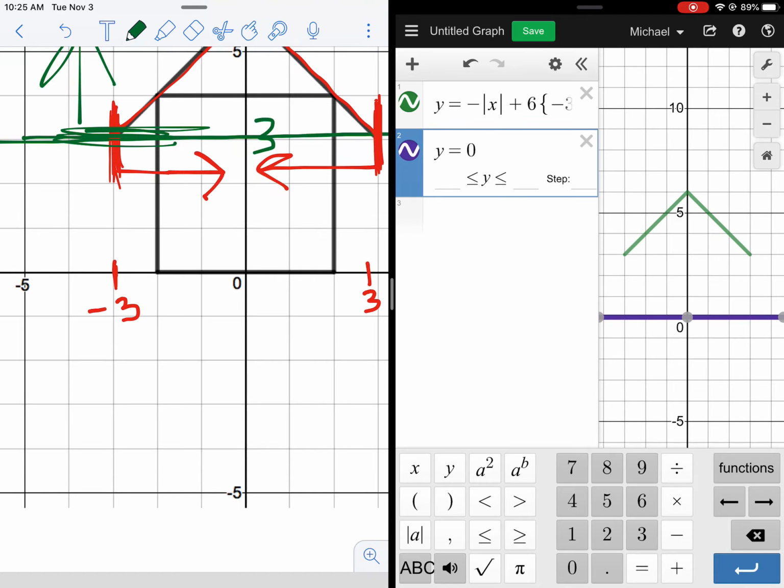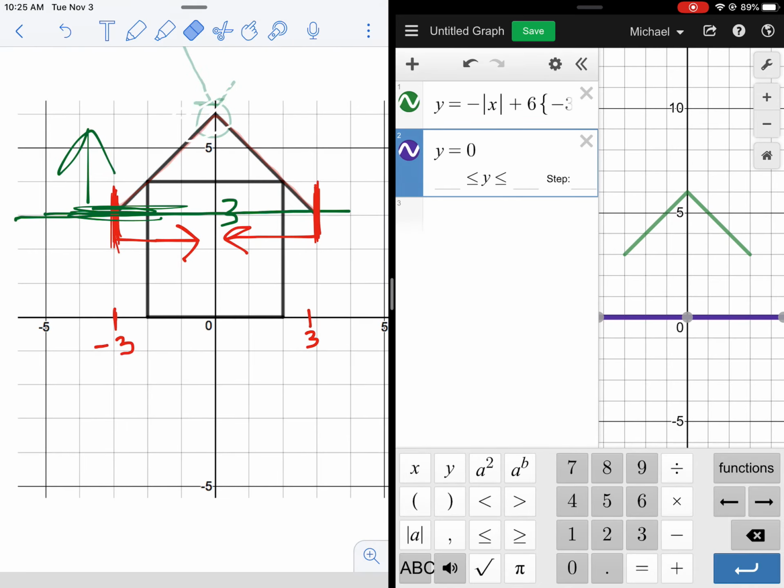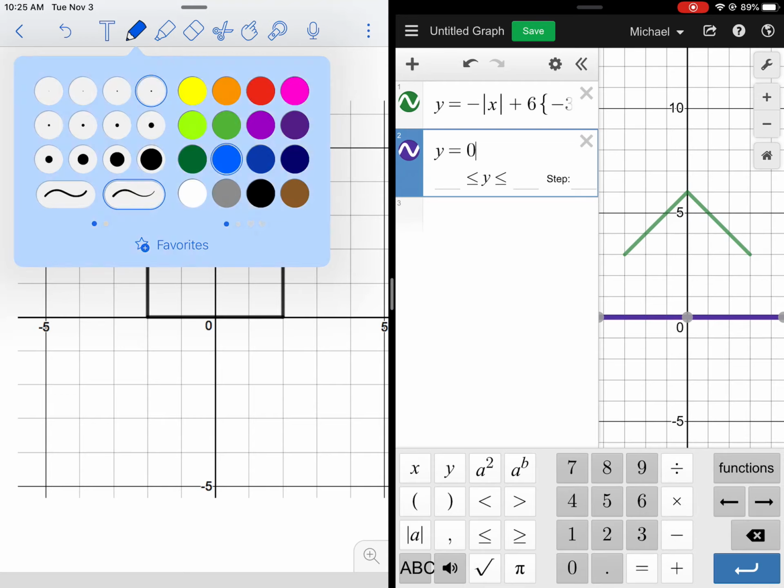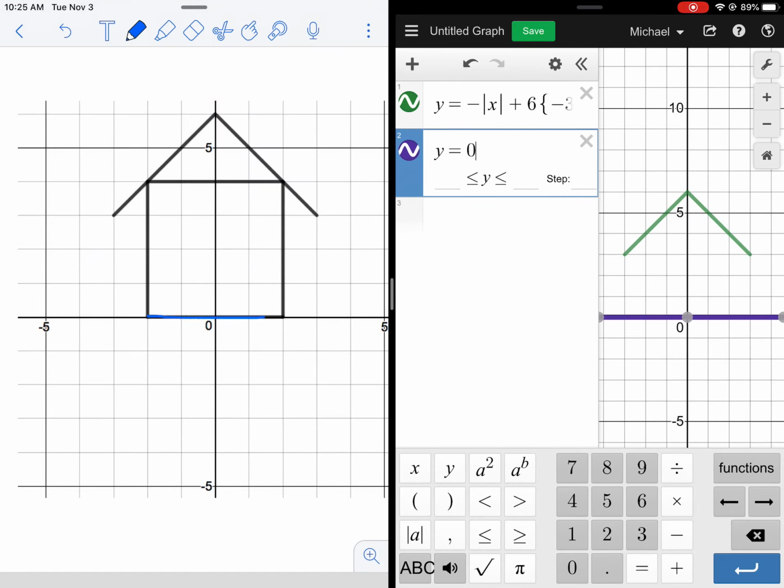I'm going to erase all of this stuff here just so it's out of the way. So we want to cut off this bottom line here and here. I have to use x coordinates on this one, because I can't cut this off up and down. I have to cut it off on the sides.